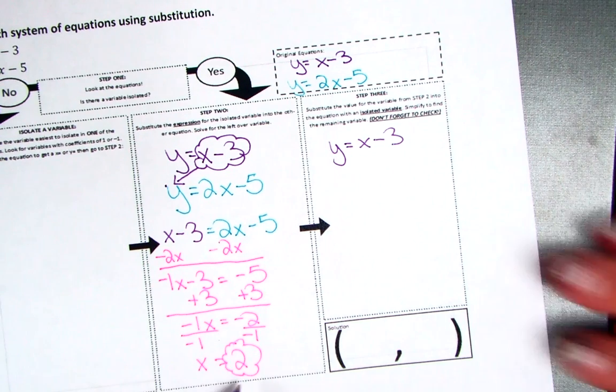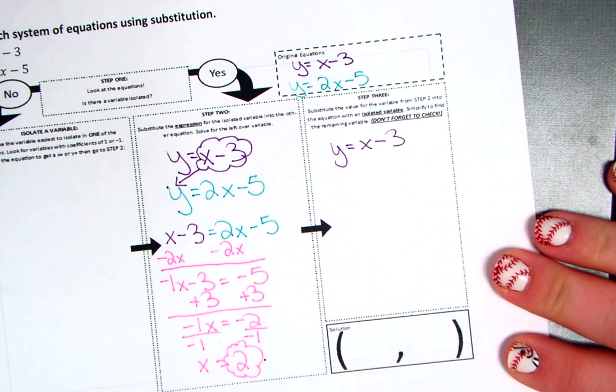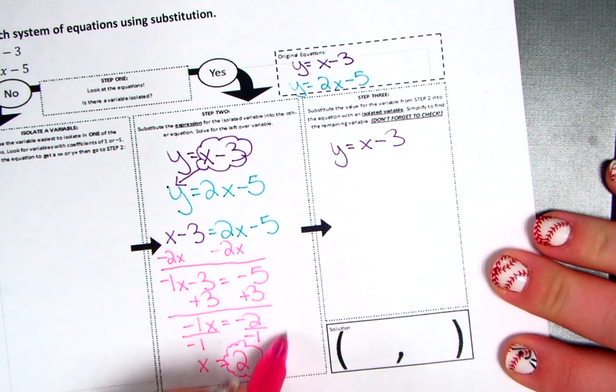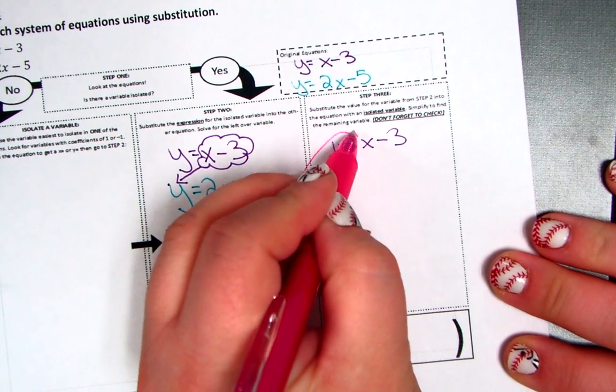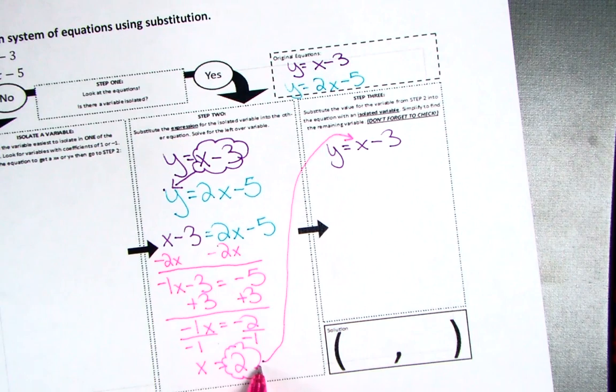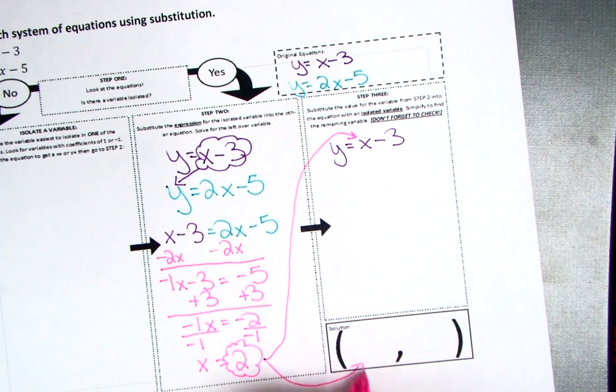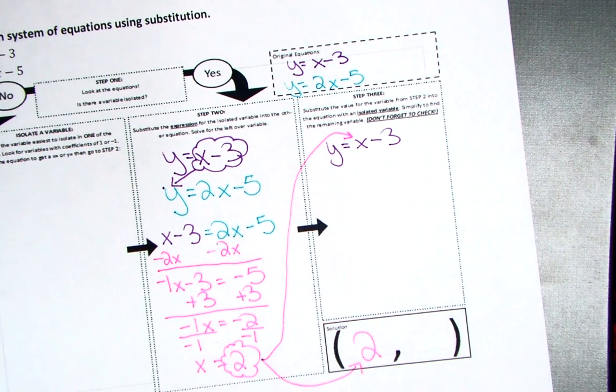We are going to take this 2 and plug it in for x. Now, we also need to realize that this 2 is already part of my solution. It belongs, since it was an x, in the x coordinate spot.